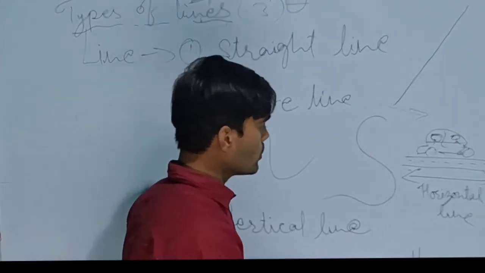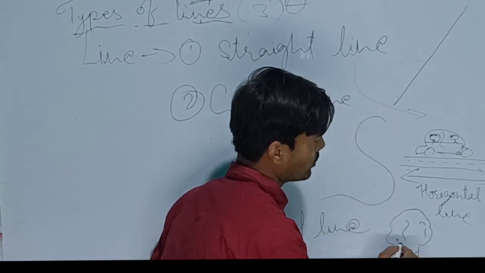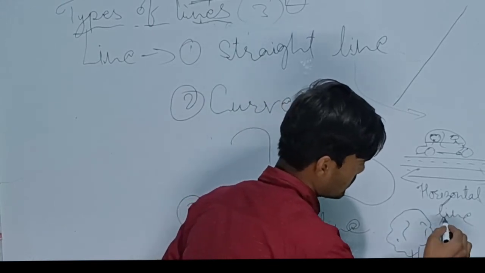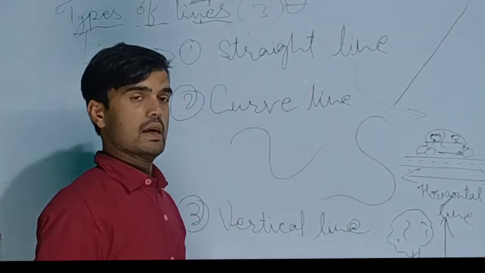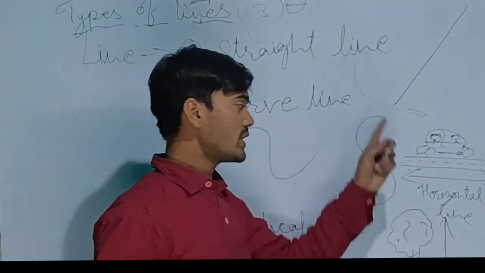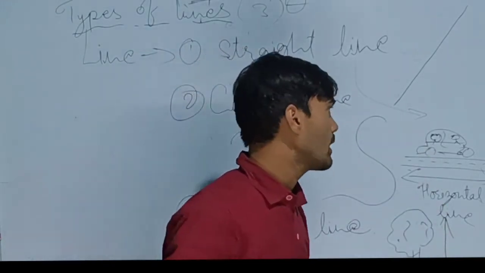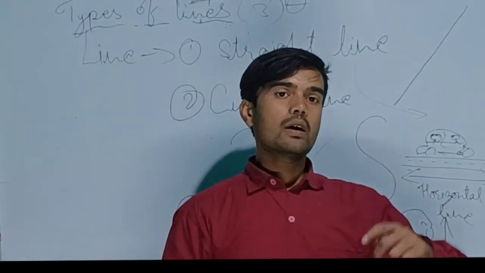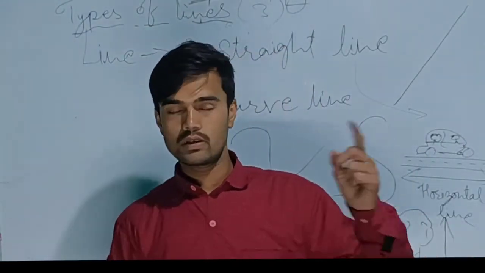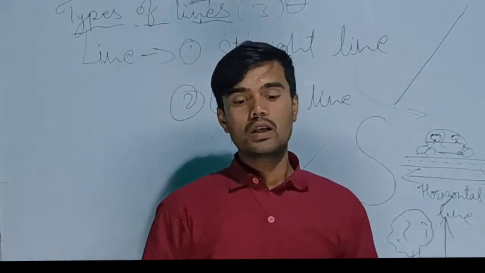So this is an example, a tree. This straight upward line is known as a vertical line, and a straight line which is on the axis of east to west is known as a horizontal line.